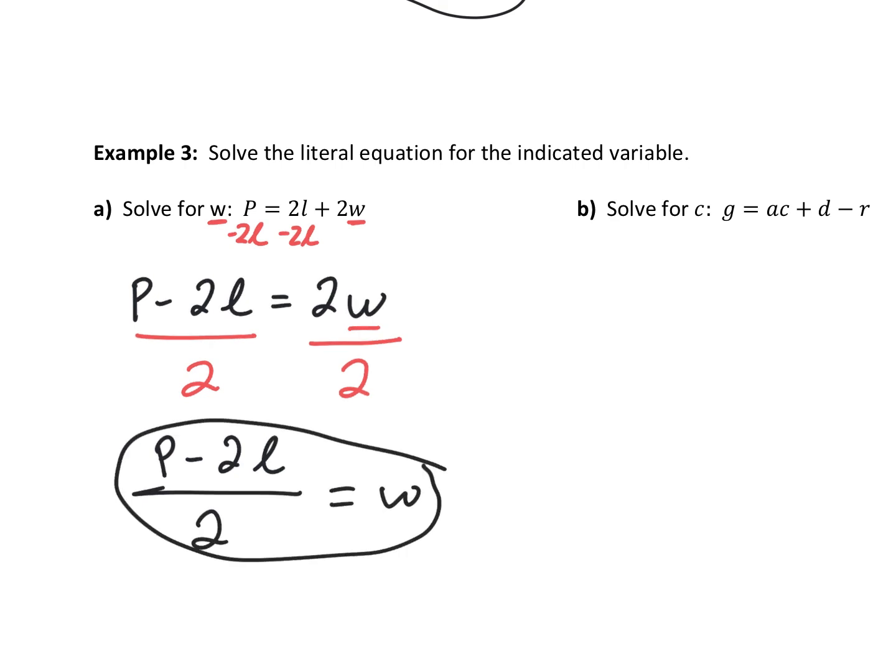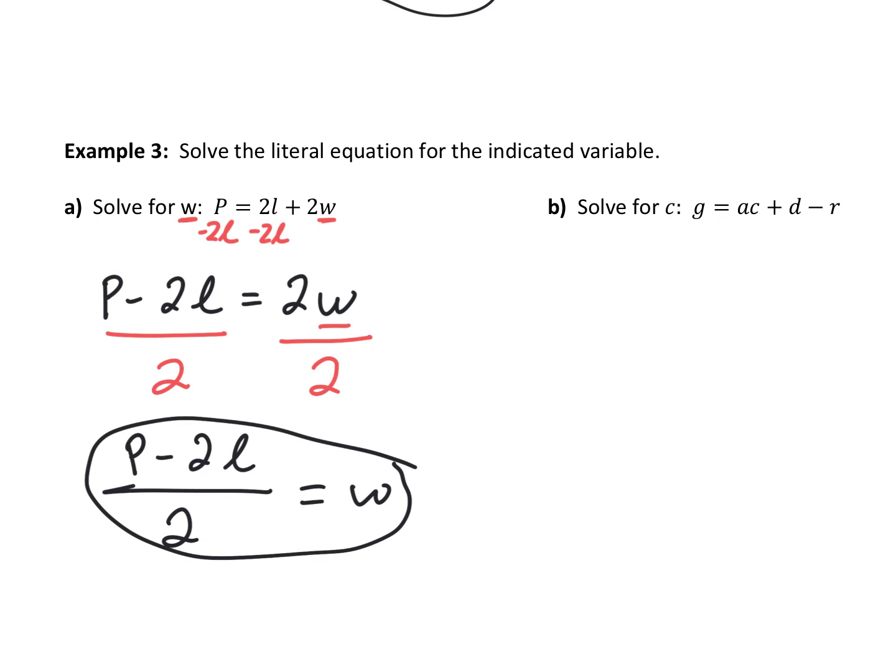B is pretty similar. It's going to be a little different because we're solving for c this time. So we should probably underline it. There it is. To undo d, we're going to subtract it. To eliminate r, we're going to add r. So my next step, I'm going to write g minus d plus r equals ac.